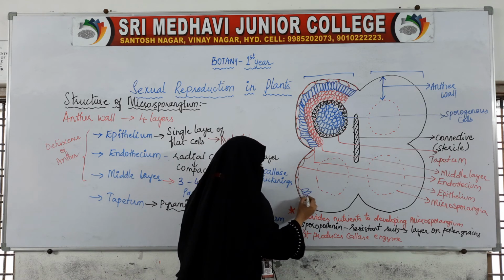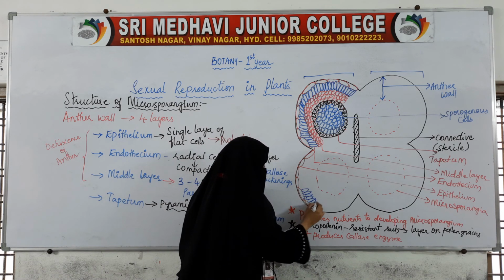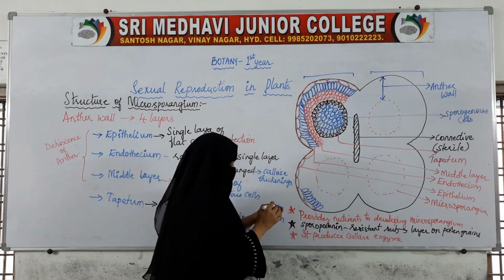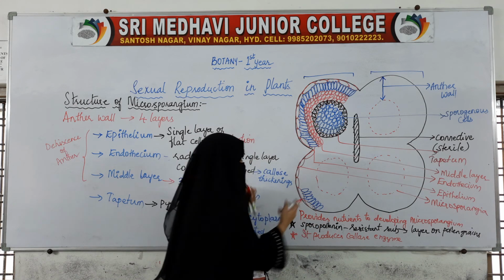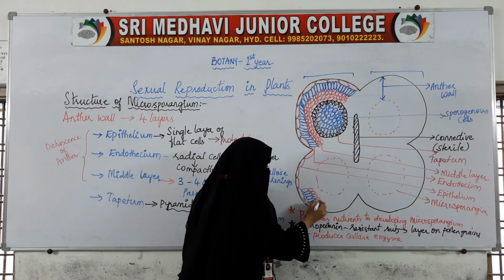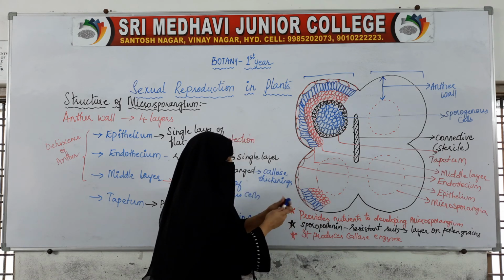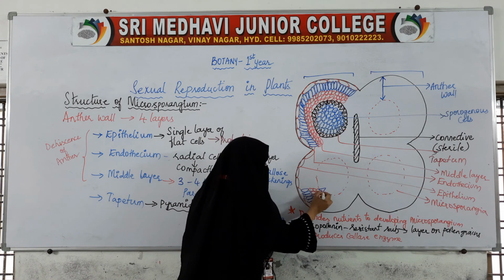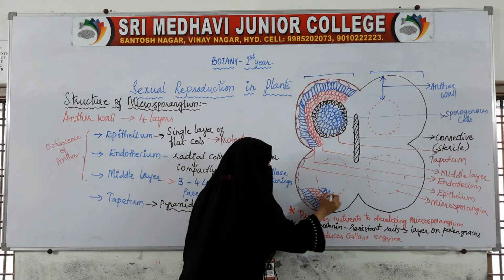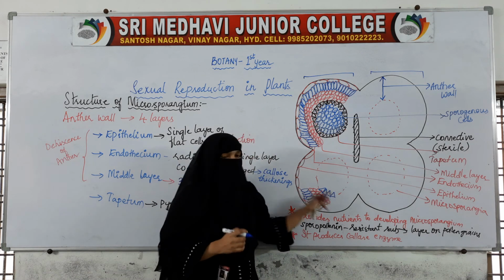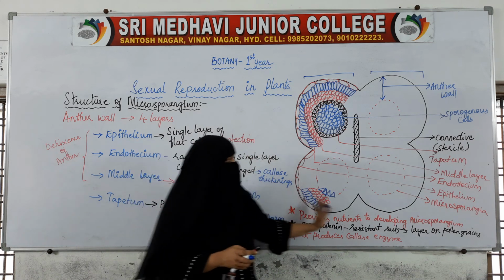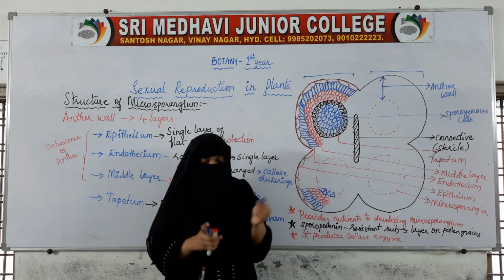Then we have these radial cells, which are the endothecium. Then we have the middle cells, three to four rows of middle parenchymatous cells, called the middle layer. Then the fourth layer is the tapetal cells, pyramidal cells, the tapetum. Like this it covers the whole anther.